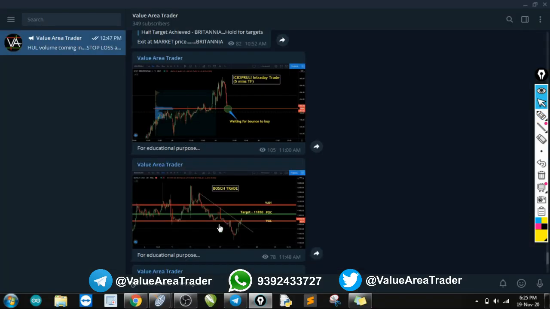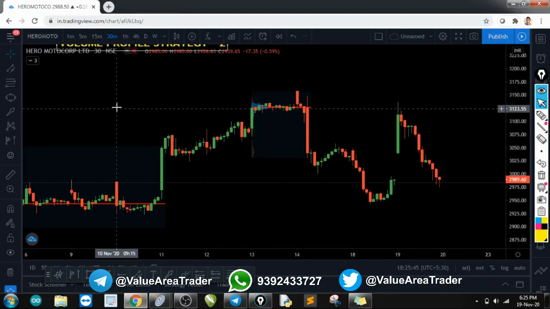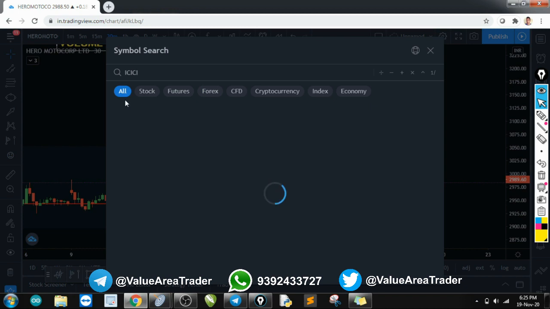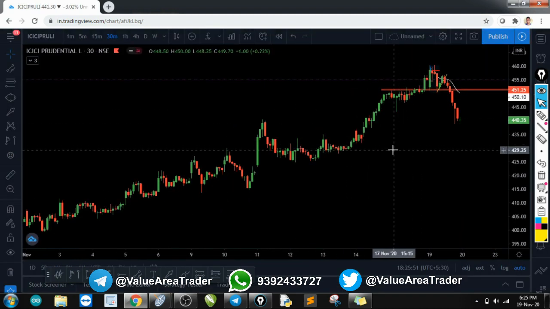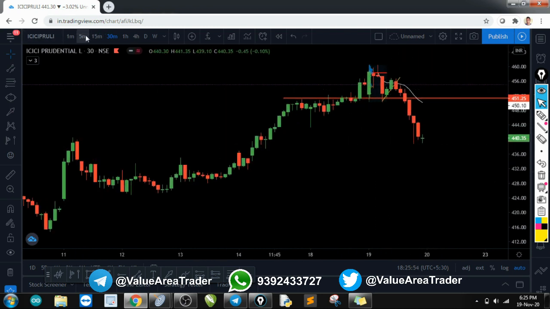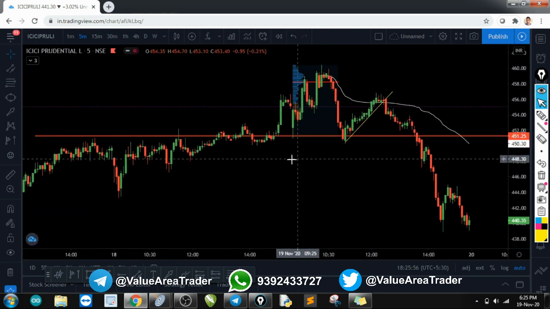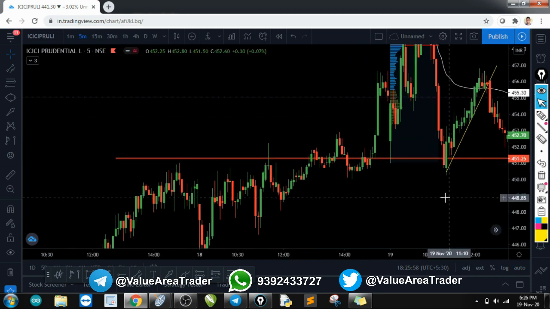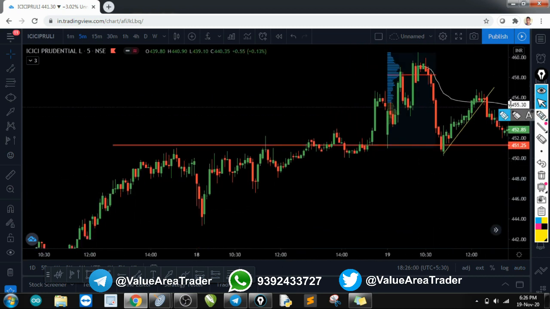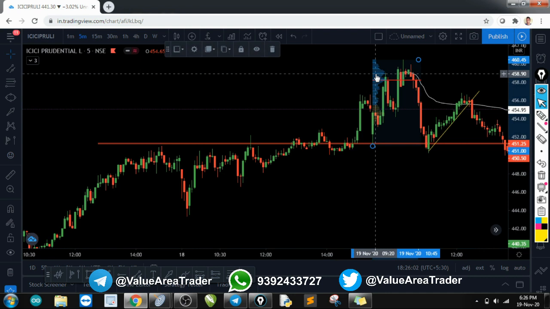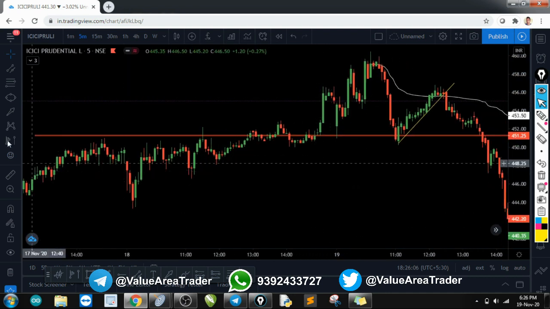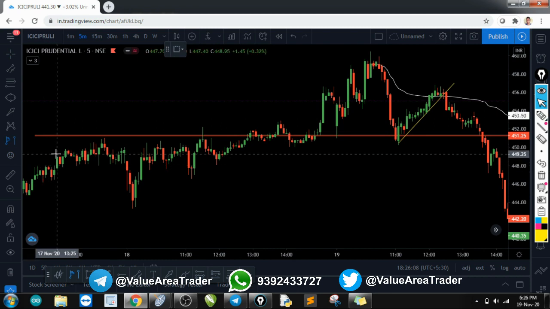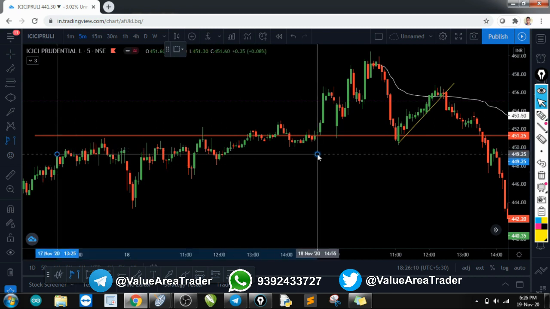So let's go back to the ICICI Prudential trade and see what happened there. Okay, so let's go to the 5 minutes. This is the trade that I gave today. Let me just remove this volume profile and select a new volume profile from here to here, right?